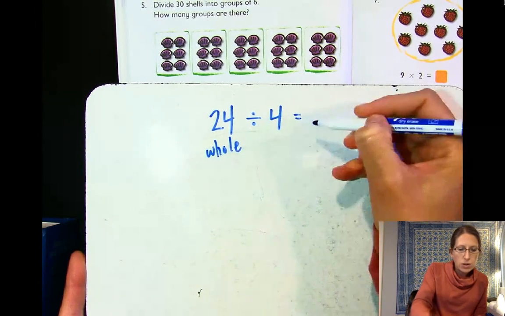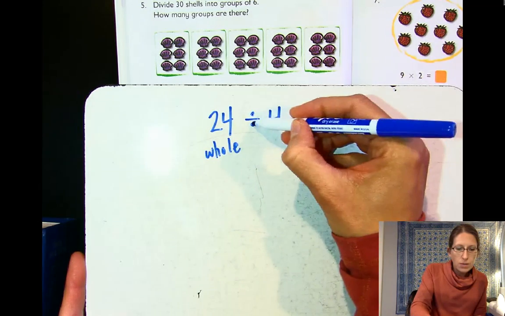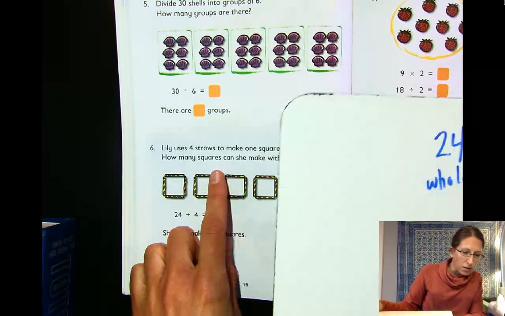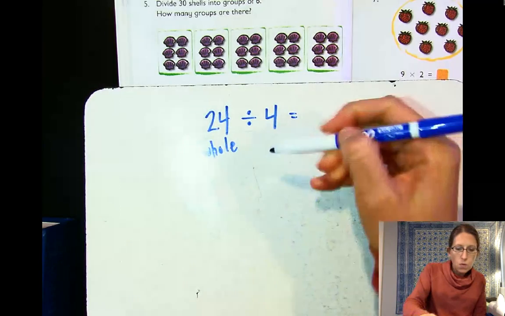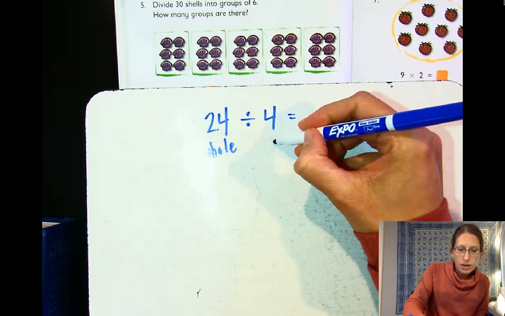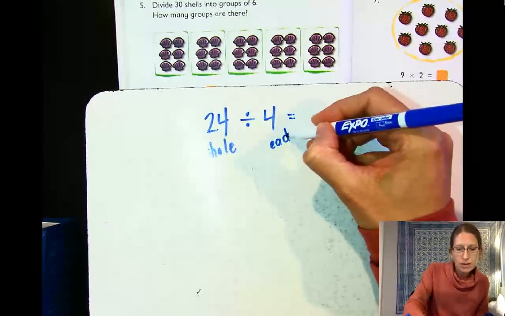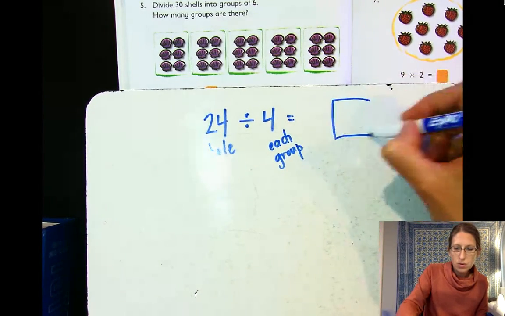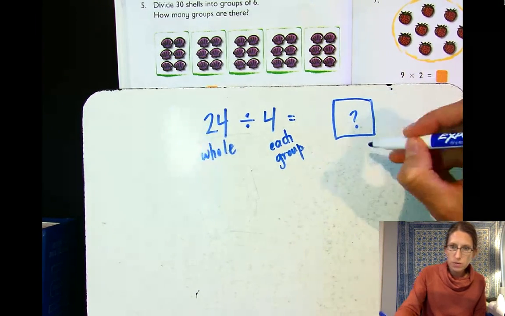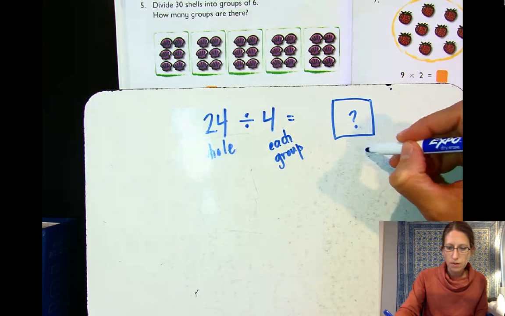And there's 4 in each, it's kind of like 4 in each group. And then our answer is going to be how many groups. So this would be kind of like the number of groups.